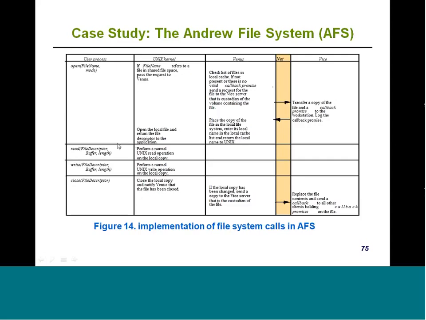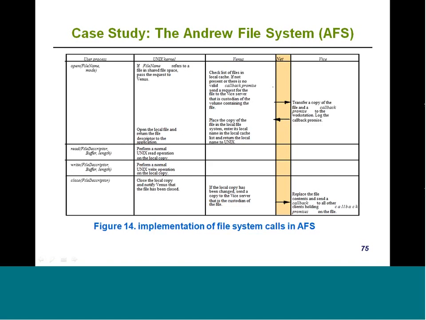So now let's look at a read operation essentially. For reading, a file descriptor, the buffer, and the length, this is not an issue. It does not go to Venus or the Vice, because Venus already placed that file in the Unix system as a local file in the cache.